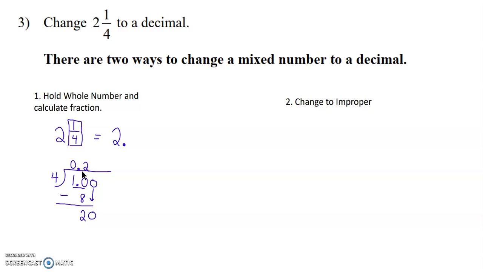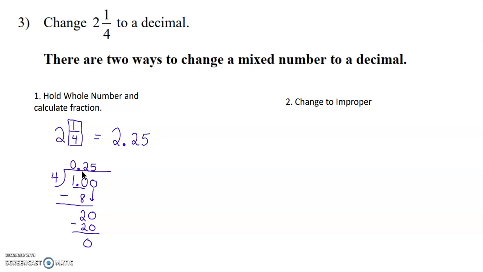Now we divide again. 4 goes into 20 5 times. 5 times 4 is 20, so our decimal has now terminated. So the 0.25 gets brought along with the 2, because it was 2 and 1/4. So our final answer here is going to be 2.25.